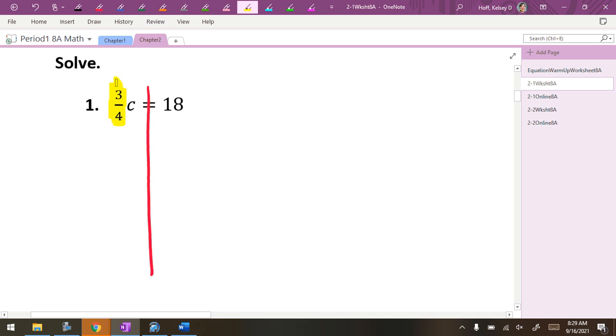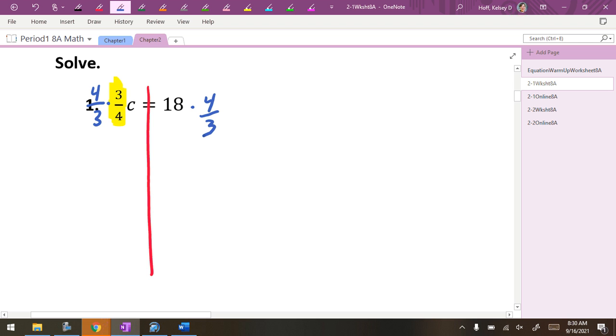The number in front of the variable is 3/4. And we just said, if it's a fraction, we need to multiply by the reciprocal. Keep, change, flip. Tegan, if I flip 3/4, what do I have? 4/3. So that means we need to multiply by 4/3 on both sides.